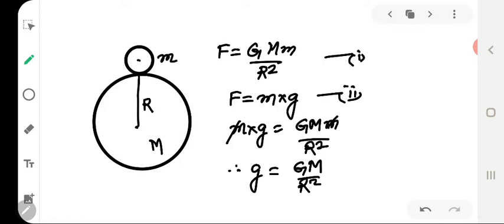Now, assuming the Earth to be a uniform sphere, if we are asked to calculate the value of acceleration due to gravity, then we can do so in the following way.